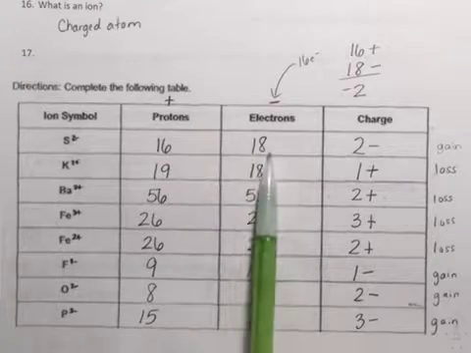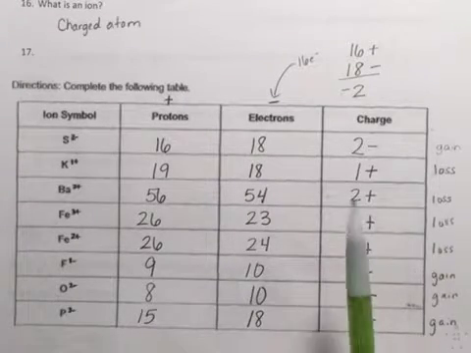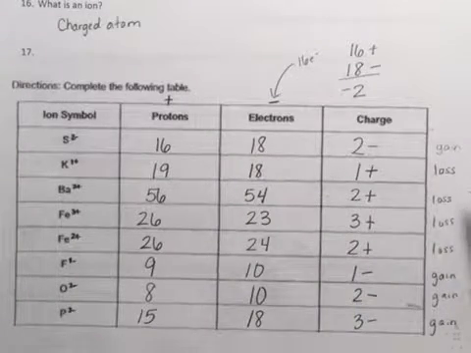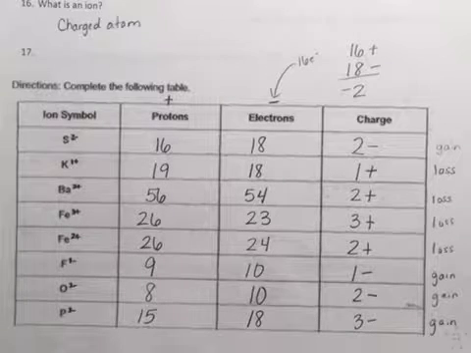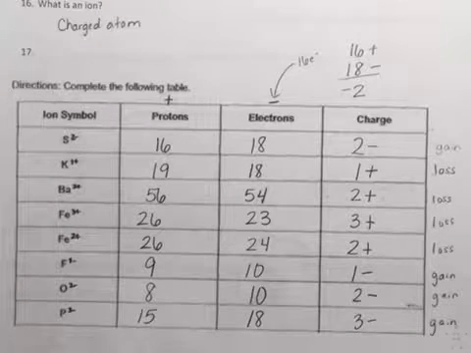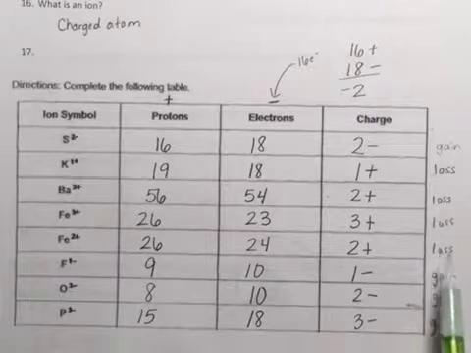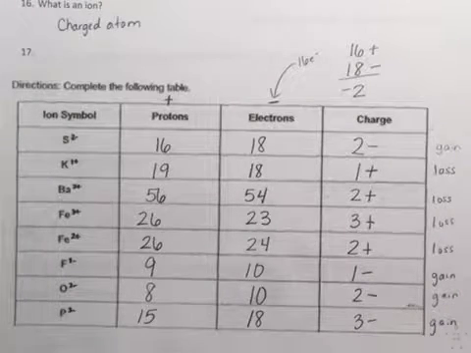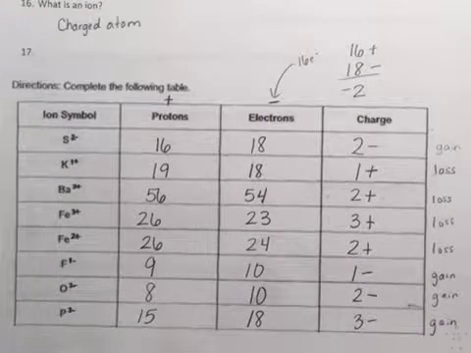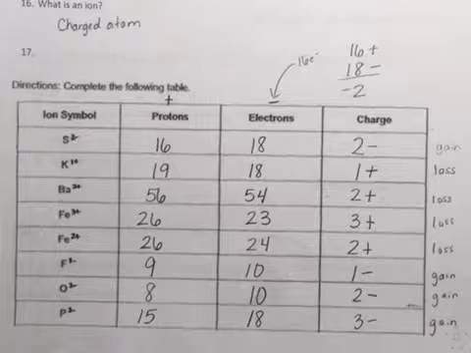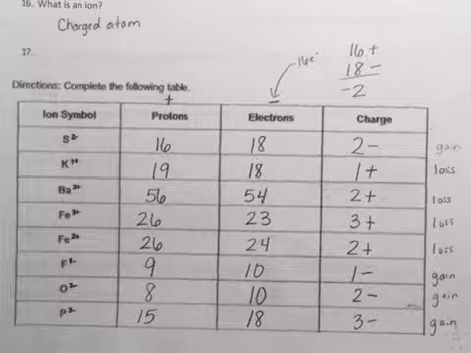We had gained 2 more, so I wrote gain off to the side. And so you might notice here, every time it says gain, we have negative ions, and every time we see loss, they are positive ions. That's something to take note of, something we'll be talking about extensively in the future, so be thinking about that.